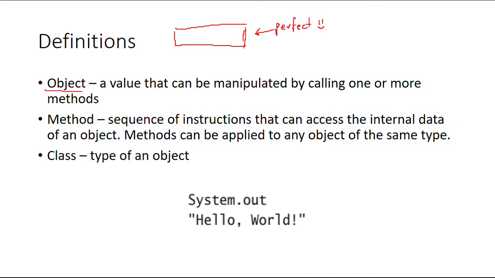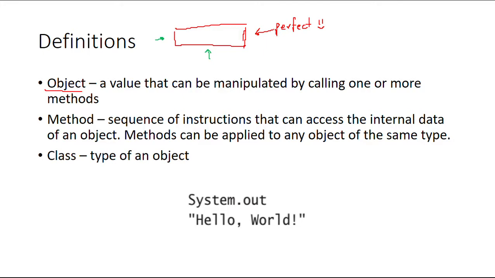So what are the things that you can get or manipulate from a rectangle? Let's say you have this rectangle and you're going to work with it. What can you define? You can define this side, you can define this side. You can manipulate the length and the width.